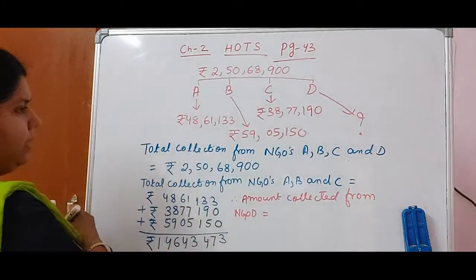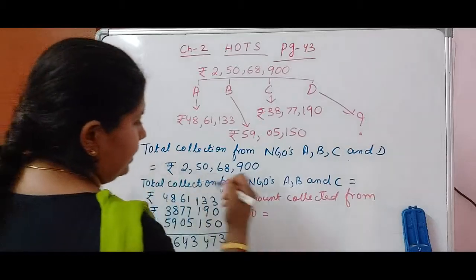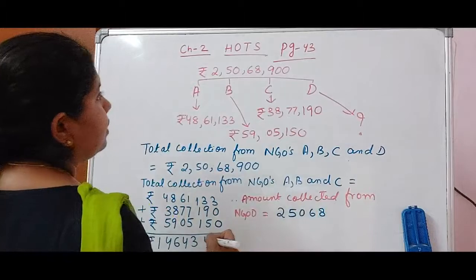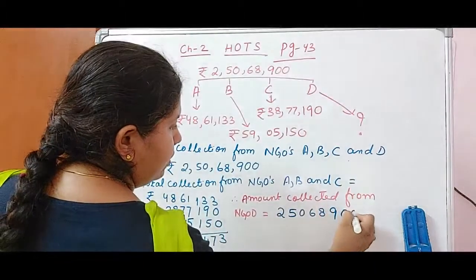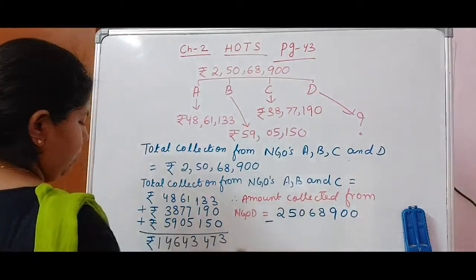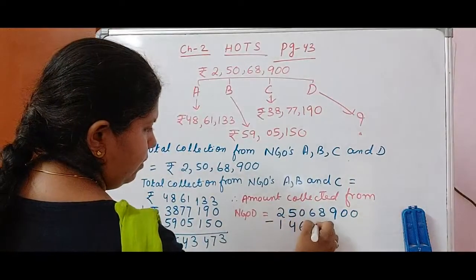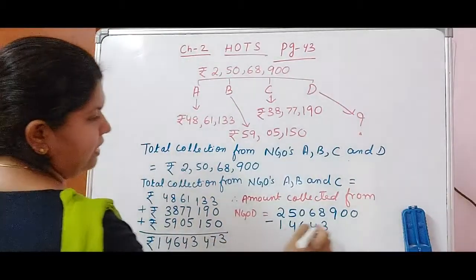What is the total here? That is 2,50,68,900 minus 1,46,43,473.